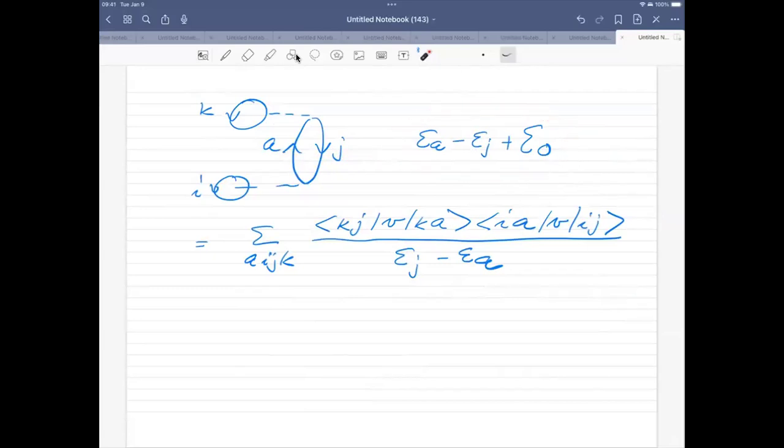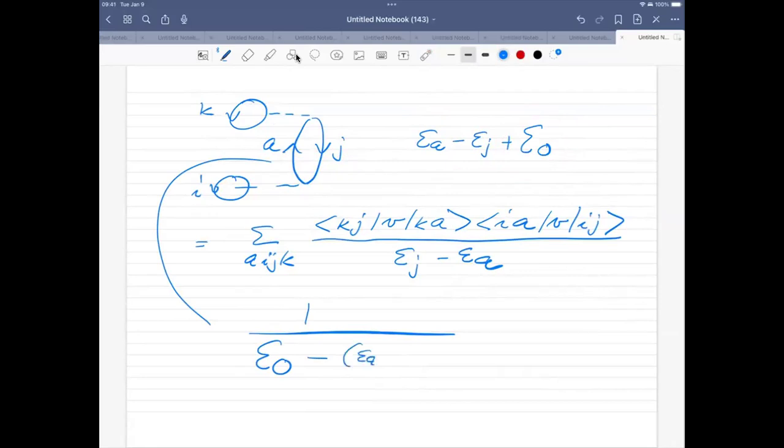But since we are subtracting epsilon zero, we are then simply left with the hole lines, because this denominator which we have here is actually given by epsilon zero minus the intermediate state, the one particle, one hole state. So this means that we have an epsilon A minus epsilon J, and then this comes with a minus epsilon zero. And you see that this translates immediately into epsilon J minus epsilon A, where the lowercase letter is the same as the single particle energy.